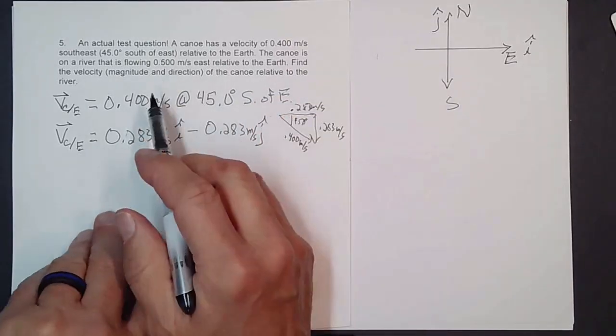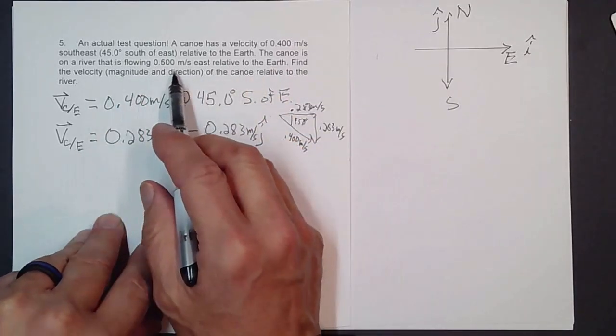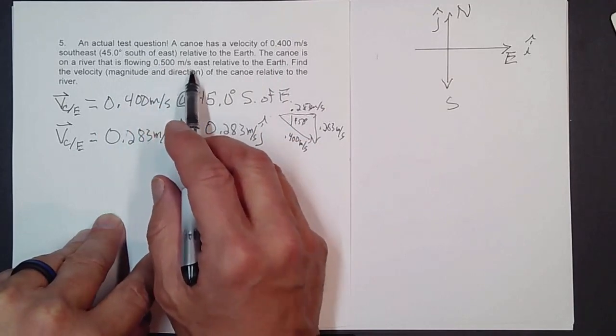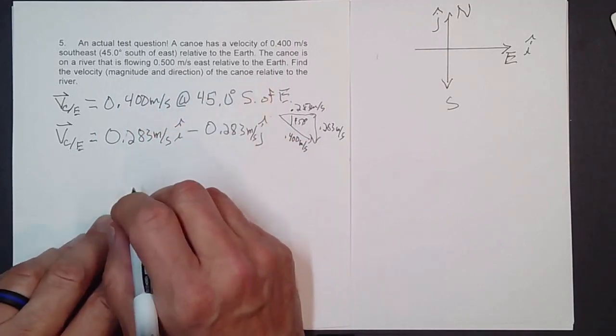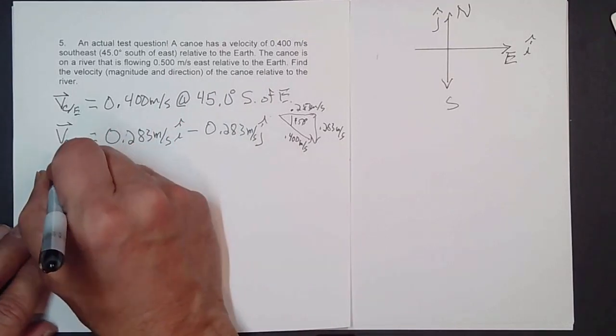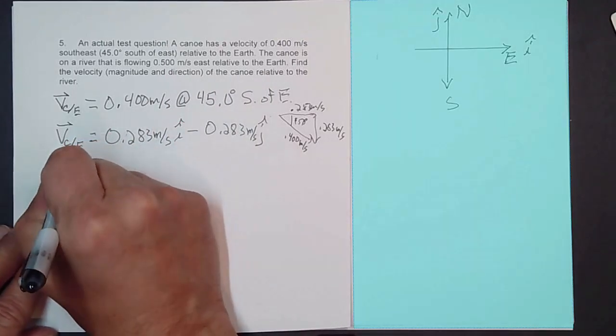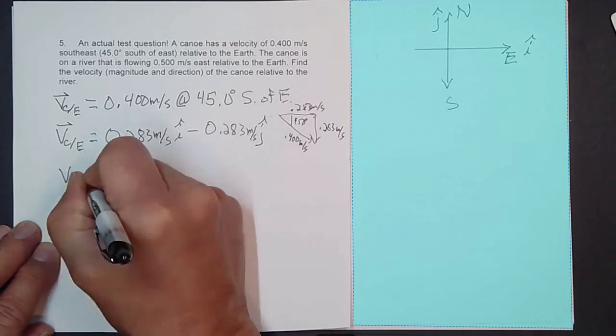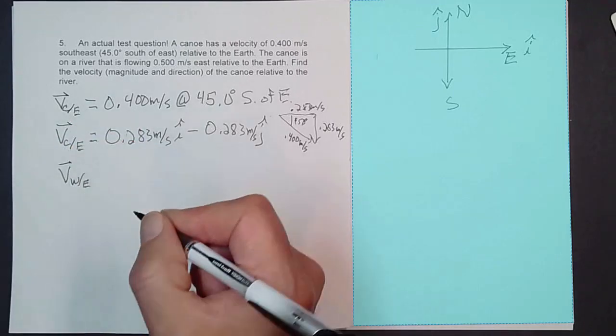What else are we given? The canoe is on a river that is flowing 0.500 meters per second east relative to the earth. Oh, okay. So that's the velocity of the water with respect to the earth, the water in the river.